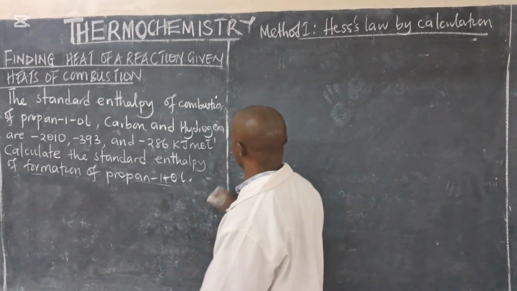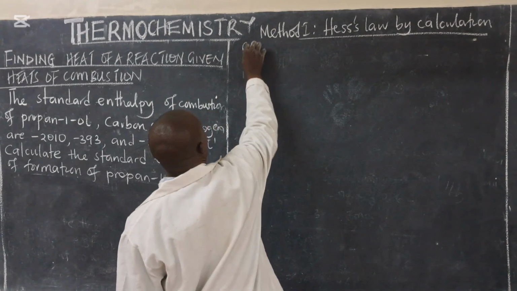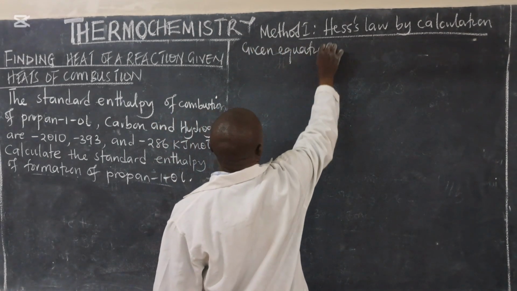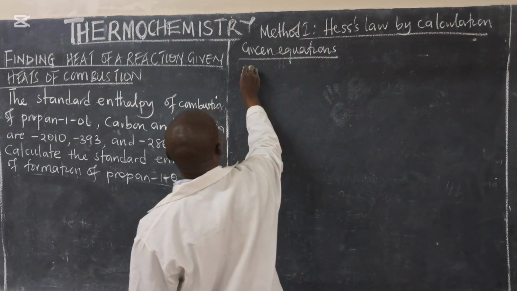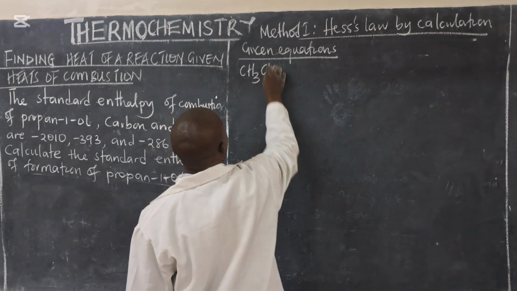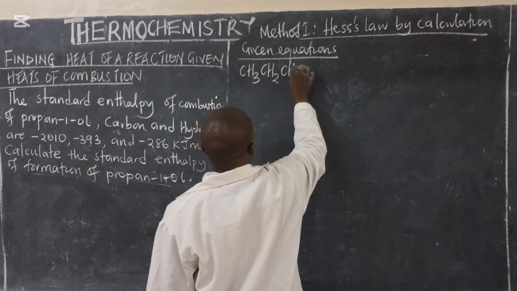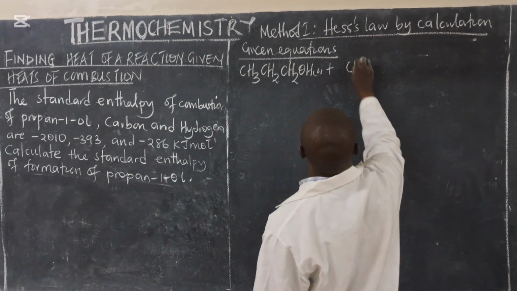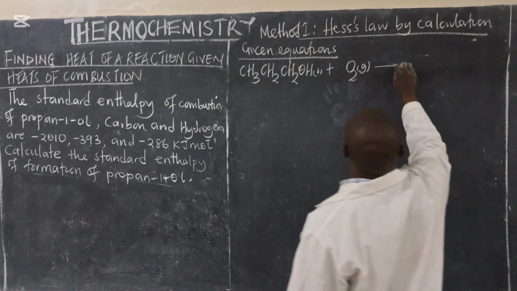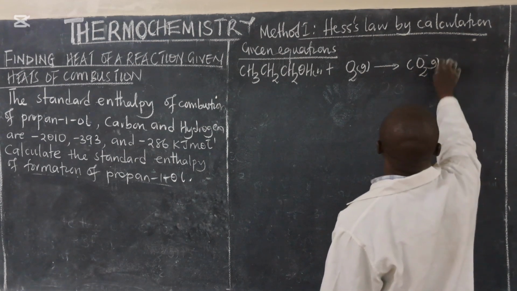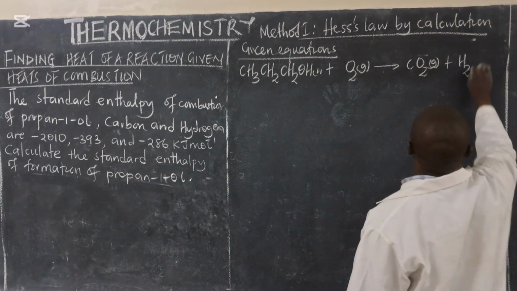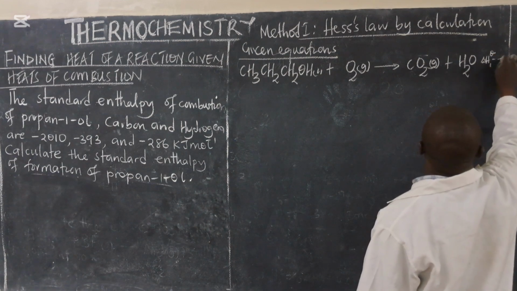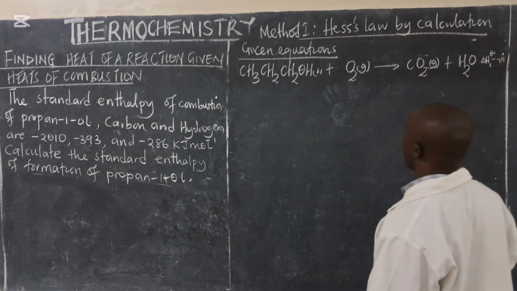Let's write that. So these are the given equations. Let's burn propan-1-ol. Remember, we burn 1 mole in each case. So plus oxygen gives us carbon dioxide plus water, and the enthalpy change 1. Call this equation 1 because of space.